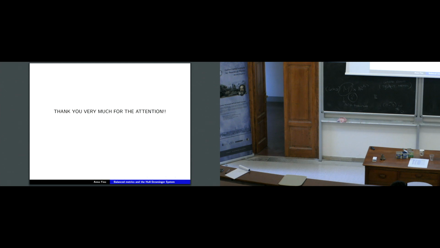Stefan Ivanov is the one who at some point said you need to have this, but then in fact he didn't find an explicit one. So that's another open question, and nice, because from the physics point of view you need it, and it is related to conifold transition, whatever.